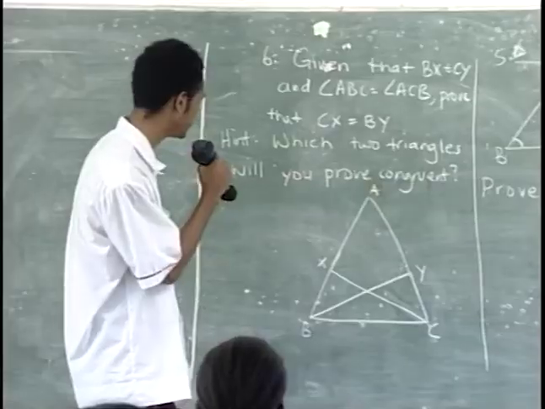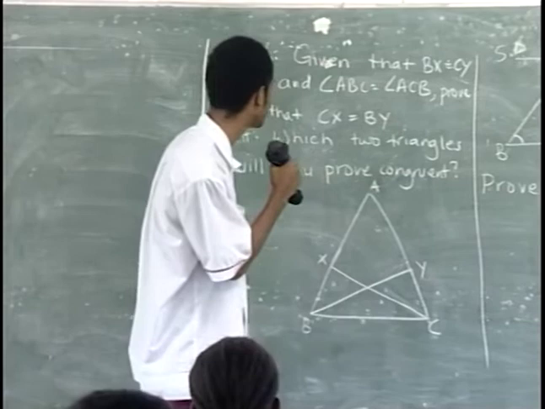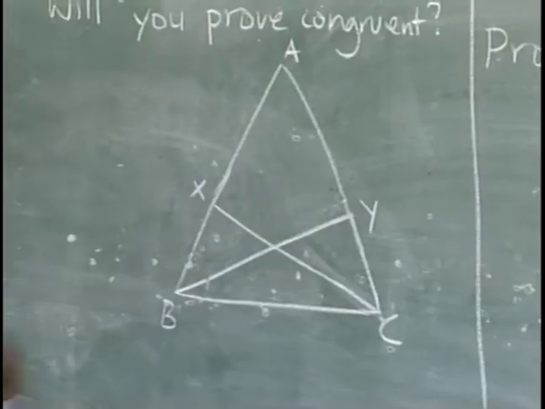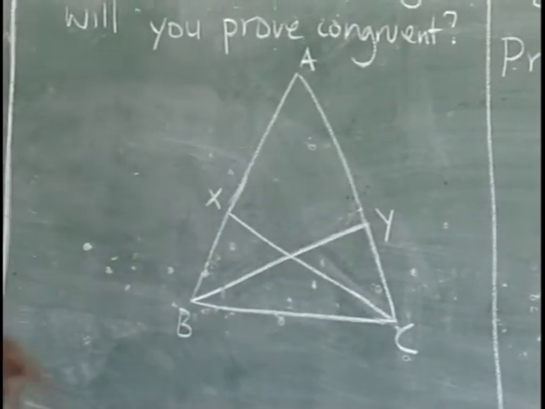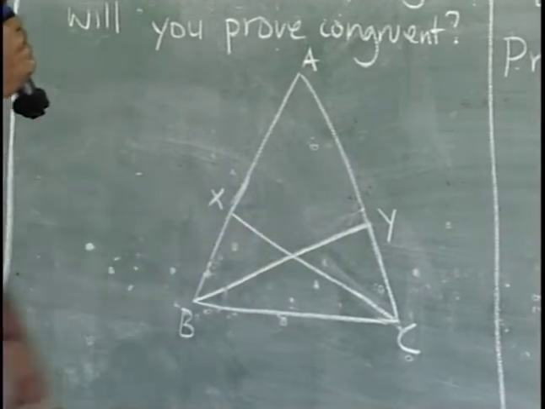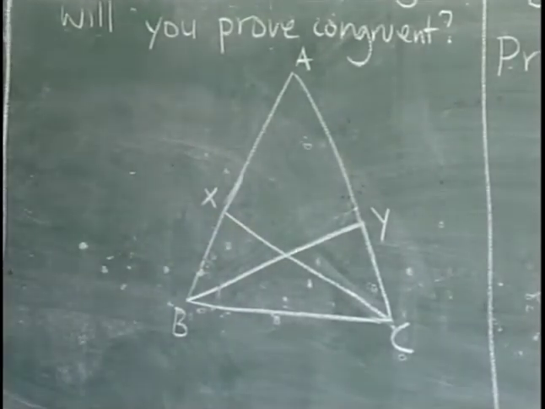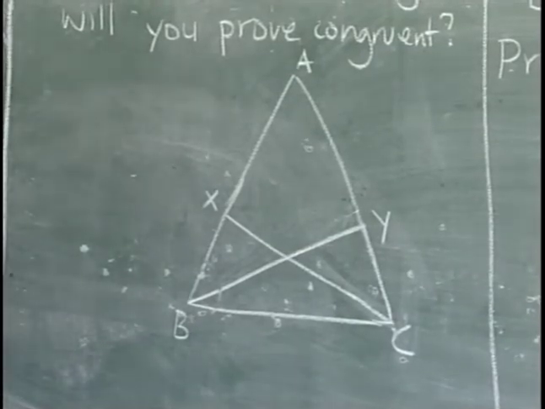Given that line BX equals line CY and angle ABC, this one here, is equal to ACB, prove that line CX equals line BY. Okay, and which two triangles will prove congruent?